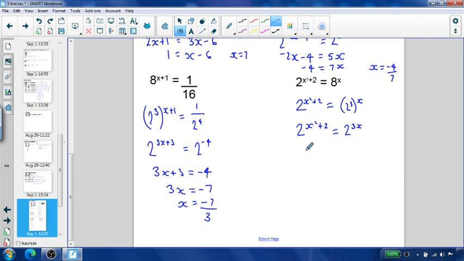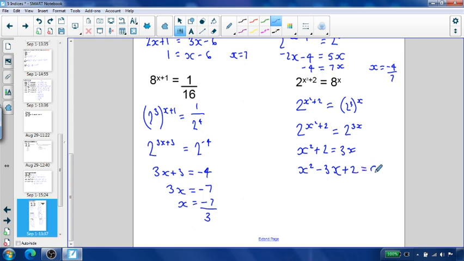And now I can compare the powers. So x squared add 2 is equal to 3x. I'm going to move the 3x over by minusing 3x from both sides.